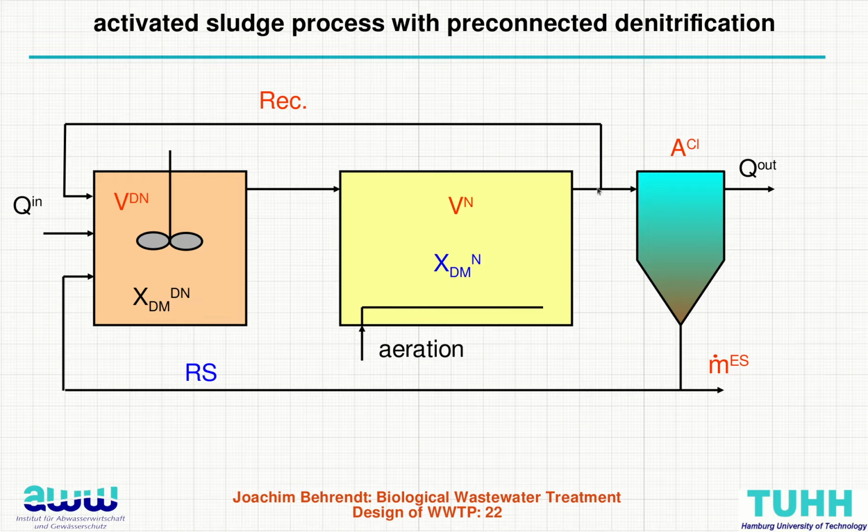Of course, we have to recycle sludge, and we have our return sludge flow, and we also need a clarifier with a special clarifier surface to separate all the sludge, and we are removing excess sludge. Everything which is red, we don't know yet. We are assuming other concentrations and rates from experience or what is possible.